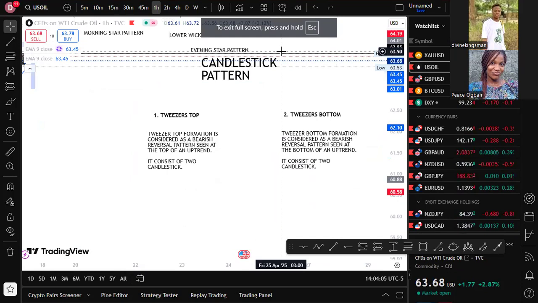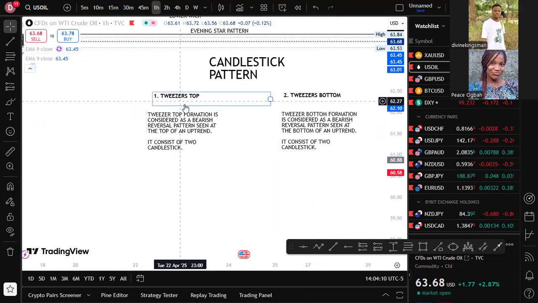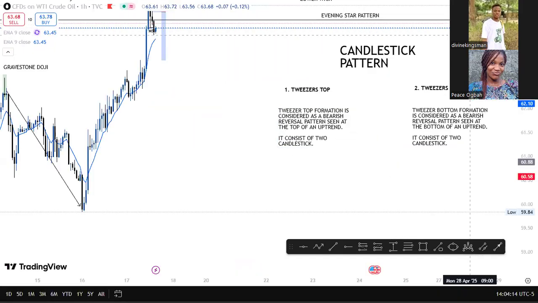This is one more example of a candlestick pattern.